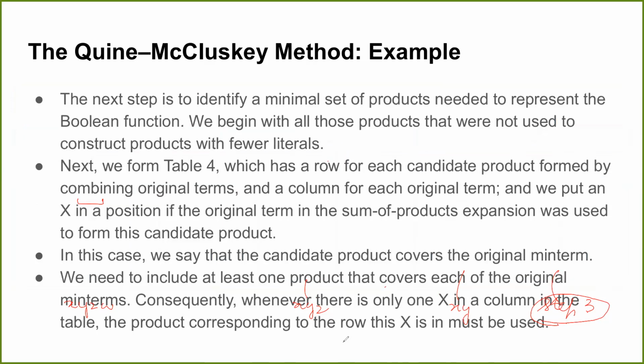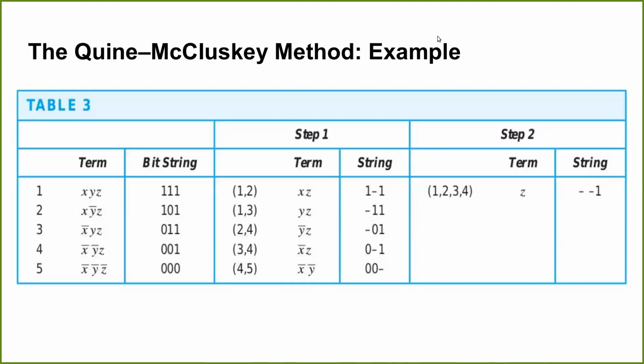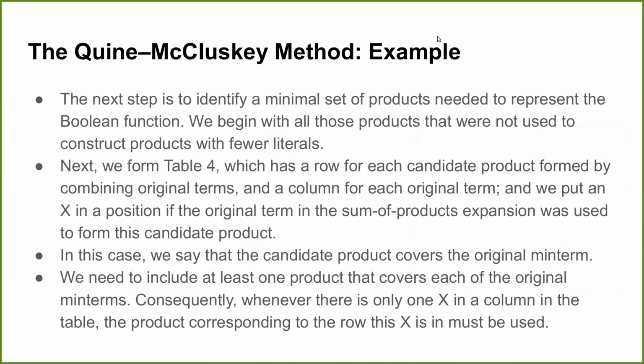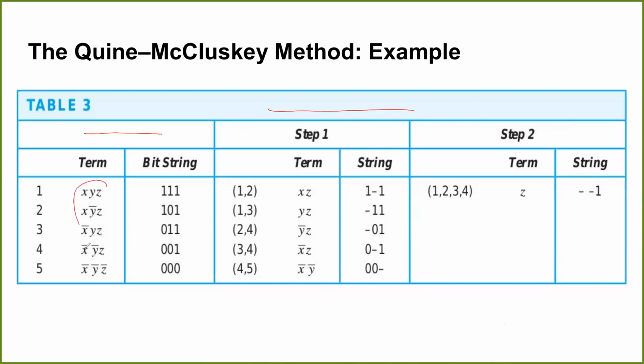Now, once you are done with this product, you get these step 1 and step 2. What is the next step? You have not yet reduced it to some form. The next step is to identify the minimum set of products which can represent your given Boolean function. The way this is done is you make another table in which you write all possible candidate products, the original ones, all these terms.